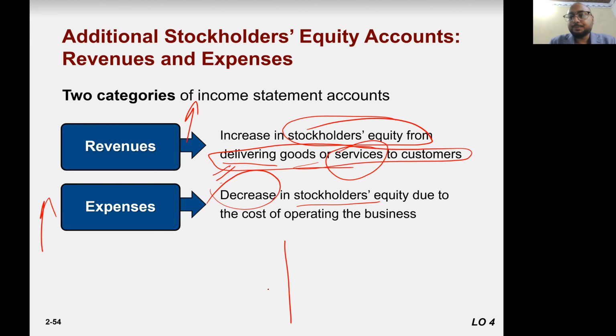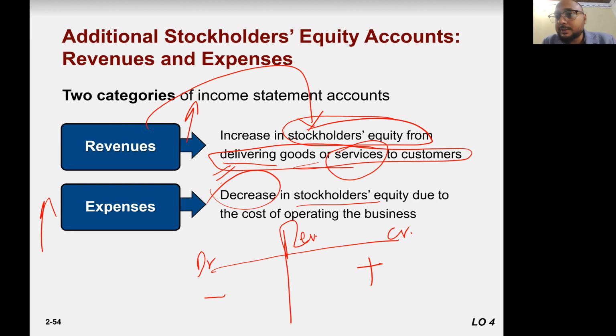So remember the same logic: the credit side is called the right side, the debit side is called the left side. For the revenue account, if revenue increases, we write it down here. If revenue decreases, we write it down here, because revenue belongs to stockholder equity. And in the accounting equation, an increase means credit. If owner's equity increases, credit. If owner's equity decreases, debit.